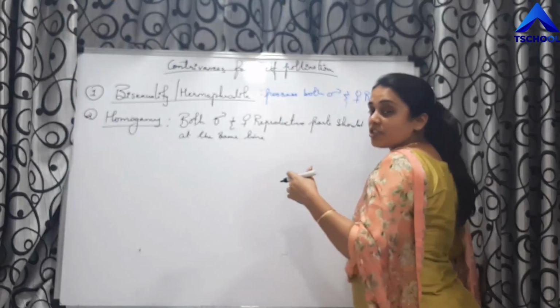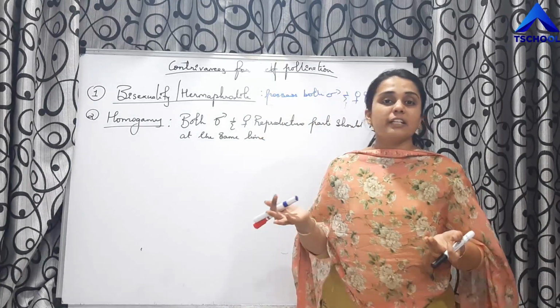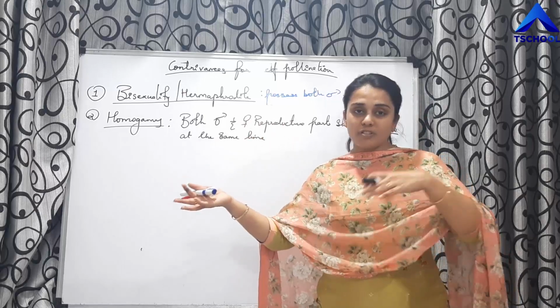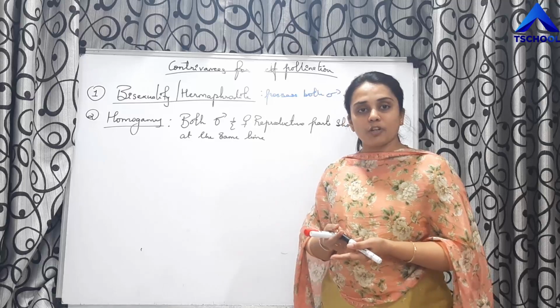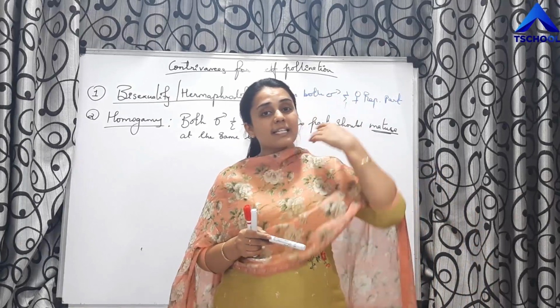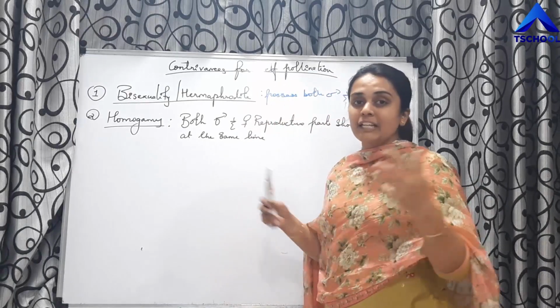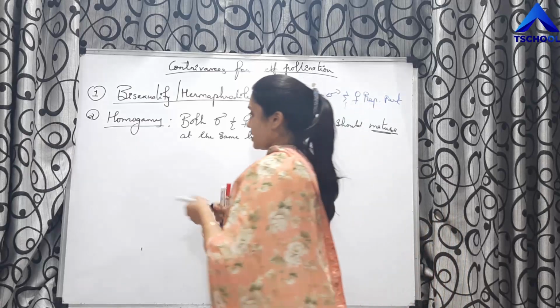This is an adaptation. This is going to favor self-pollination. If they do not mature at the same time, one will mature first then the other, then self-pollination will not happen. Then there will be cross-pollination. So that is an adaptation for cross-pollination. So both are maturing at the same time. That is homogamy, which means it is favoring self-pollination.